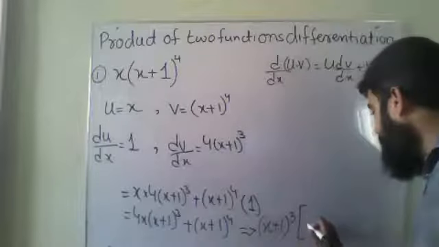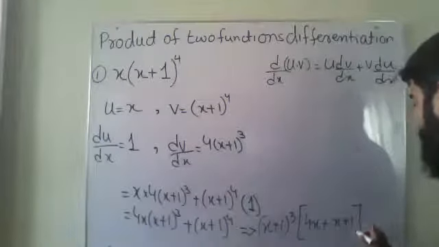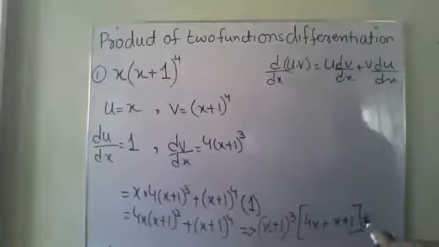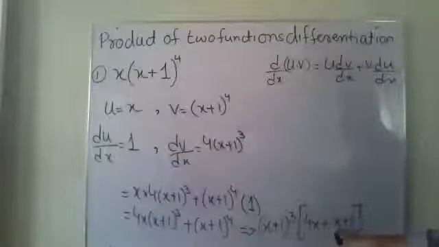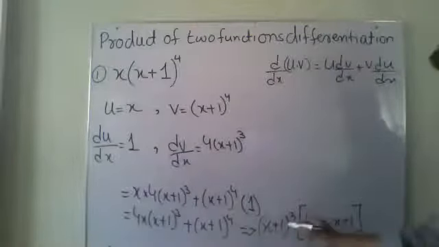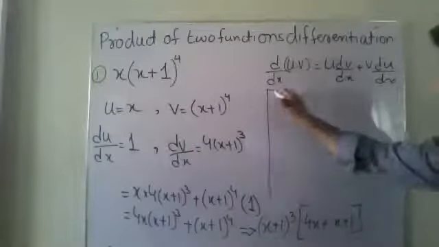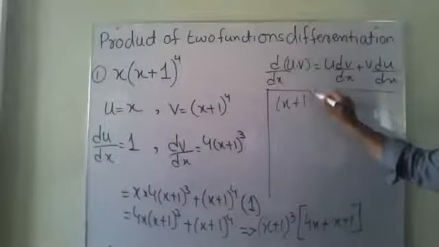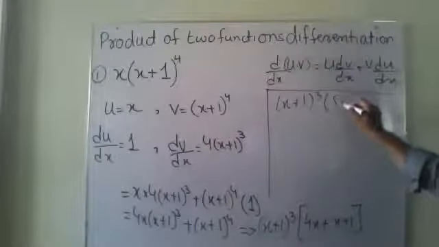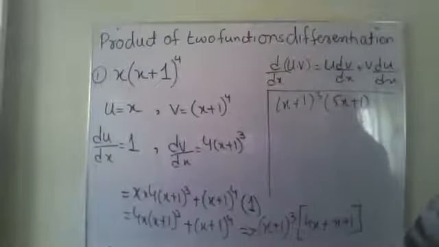So what will remain? 4x plus x plus 1, and when I simplify it further, 4x plus x will be 5x plus 1. So my final answer, which I am writing over here, will be (x plus 1) whole cube (5x plus 1).